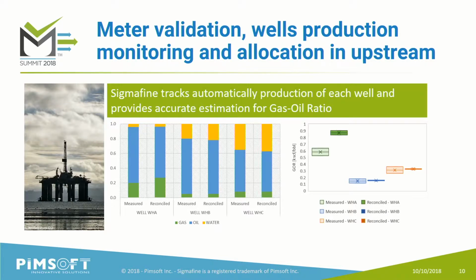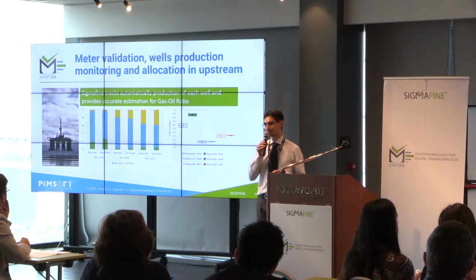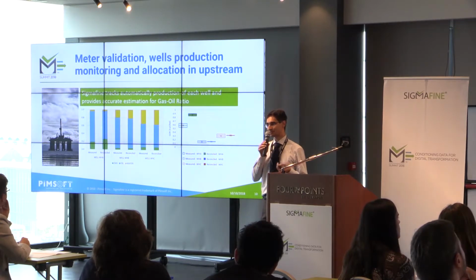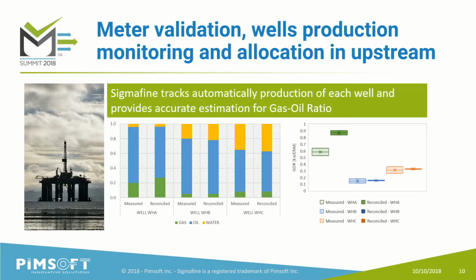Third case, in upstream. In this case, the aim was to validate, again around every 10-15 minutes, the status of a three-phase separator, the three-phase meter against the separation between gas, oil, and water. It's using a mass and component balance.